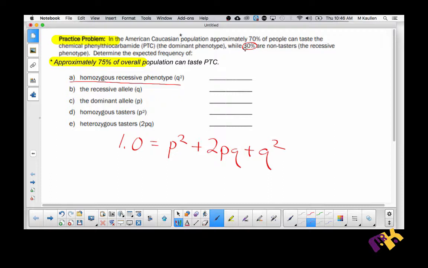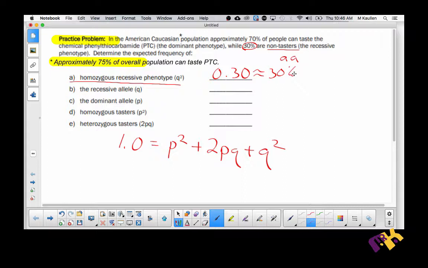So they would be at a 30% rate as far as the recessive phenotype, right? If they're non-tasting, they must be little a, little a, so they can't taste this. And so this is going to be 30%, or we can put 0.3.